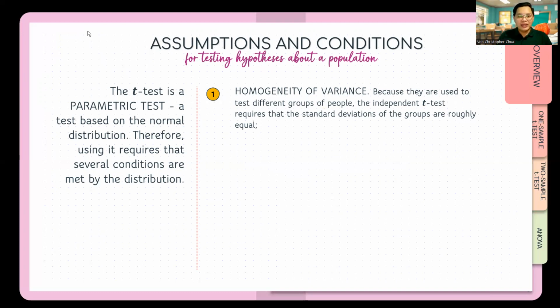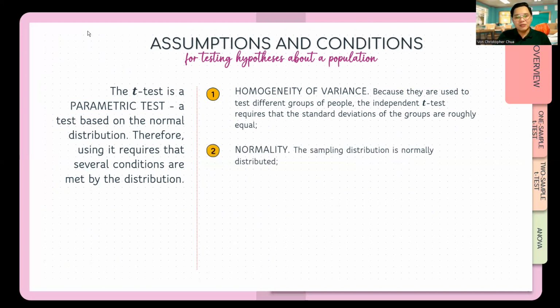In fact, we can employ a hypothesis test to actually check for this assumption. So you can think of it as a hypothesis test within a hypothesis test. And that's actually very common. Now, in this lesson, since we will not be discussing how to employ that specific test to determine if the condition of homogeneity of variance is met by the data, we will just assume that in all of the examples that we will be working with, this condition is actually satisfied.